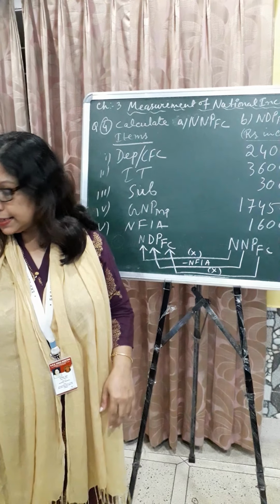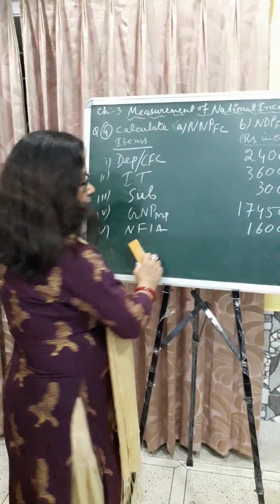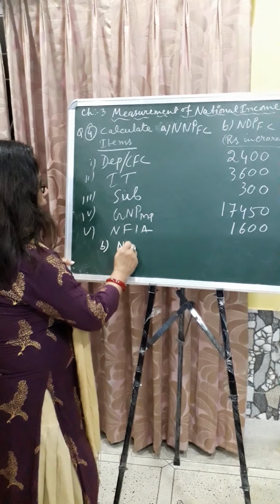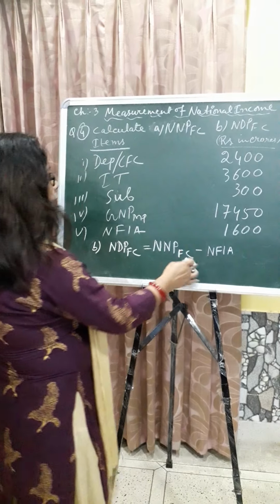So now write number B: NDPFC equals NNPFC minus NFIA, only NFIA.